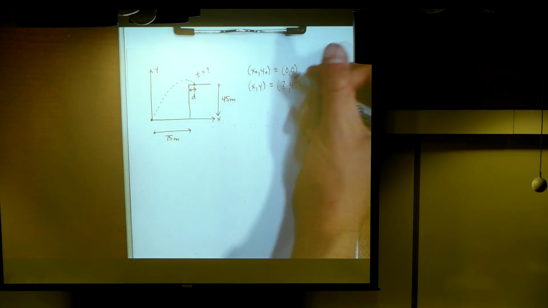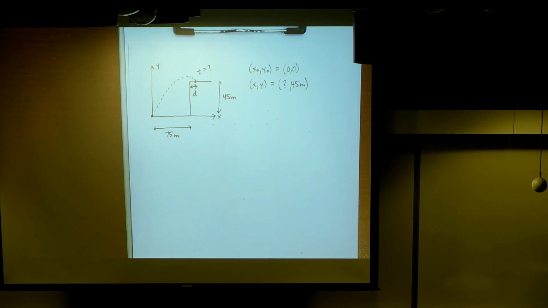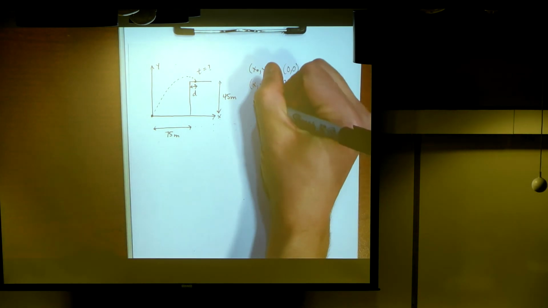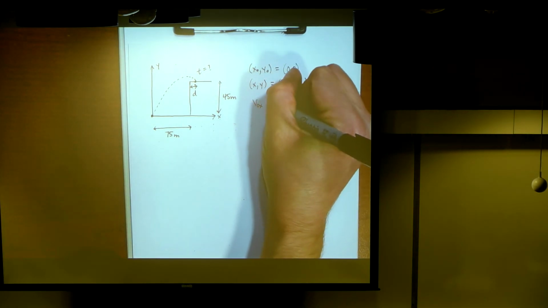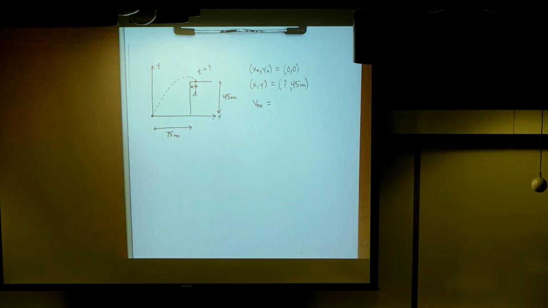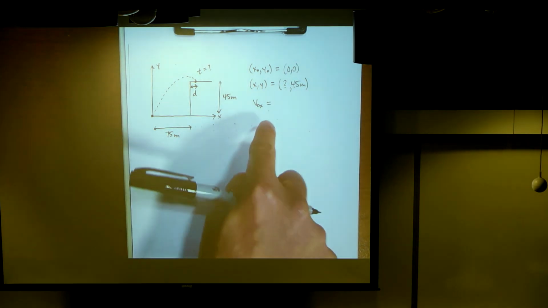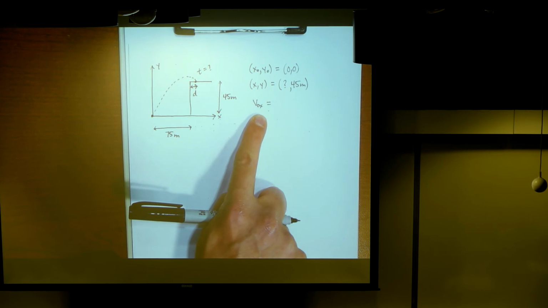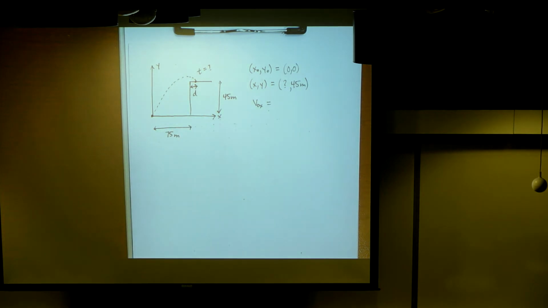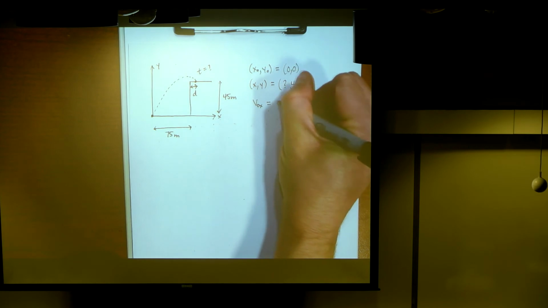What about the initial velocity? This is another thing that's going to come in our equations. We're going to have v naught x and v naught y. So do you remember how to do this? How do I calculate the x component of the initial velocity of the projectile? Initial velocity times cosine of theta.